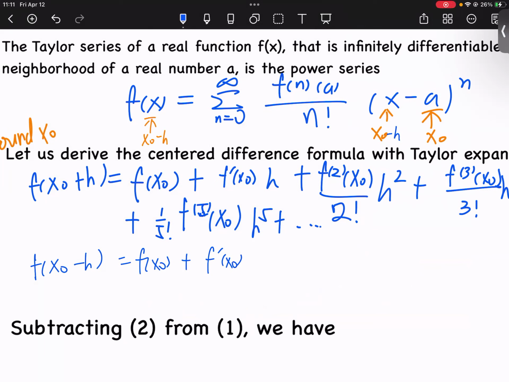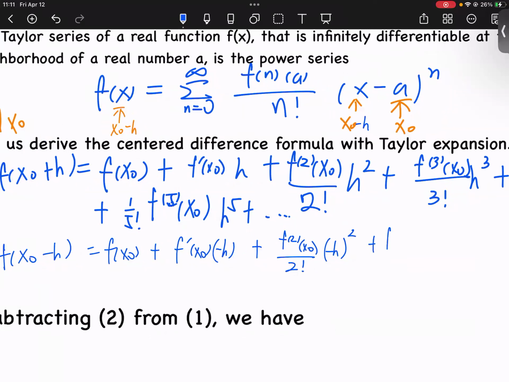And you need to be very careful. And you also need to know this for your homework and your exam. So here for the second term, I just got the second derivative at x0, and then 2 factorial, negative h, and then squared.